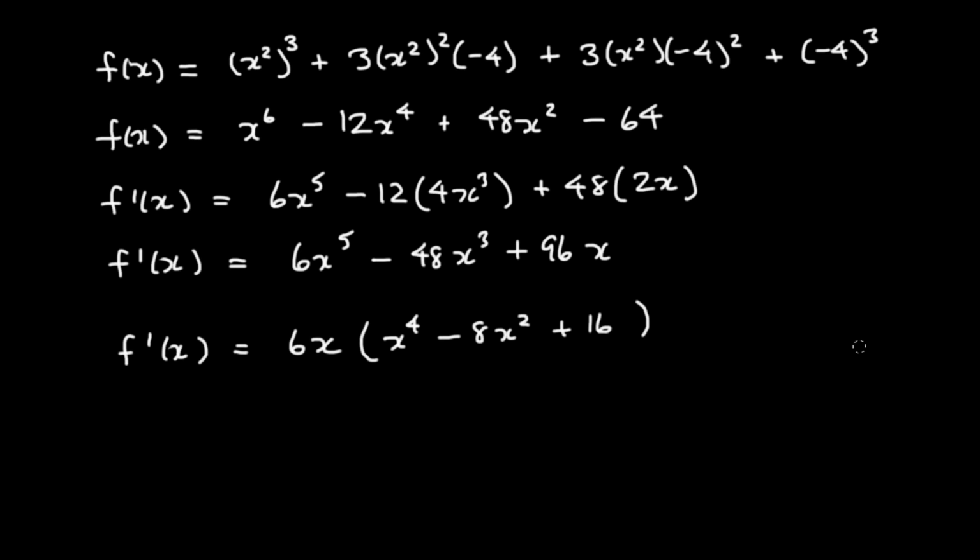Now if you recognize this x to the power of 4 minus 8x squared plus 16 as a quadratic form, then you can actually factor this. If you don't recognize it as a quadratic form, the thing you always look for, if you have a constant at the end, which we do here, 16, is that if you square this x squared term, you will actually get x to the power 4.